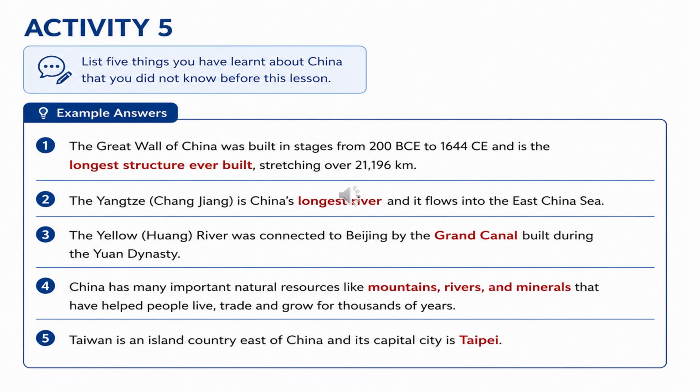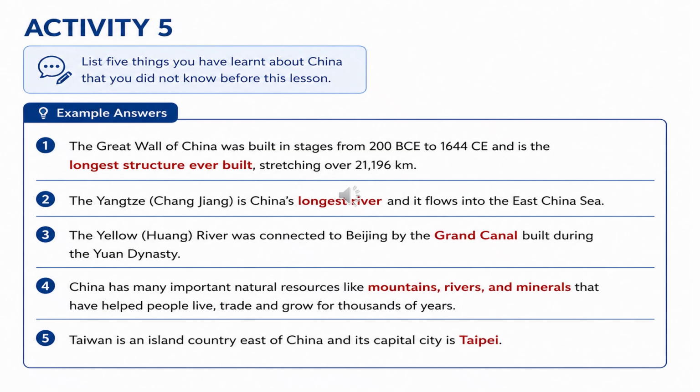Then the third point we learned is the Yellow River, Grand Canal, etc. Then the fourth point is China has many valuable natural resources. Himalayan mountains border China. And finally, we learned that Taiwan is an island located at the east of China, and its capital city is Taipei, etc.